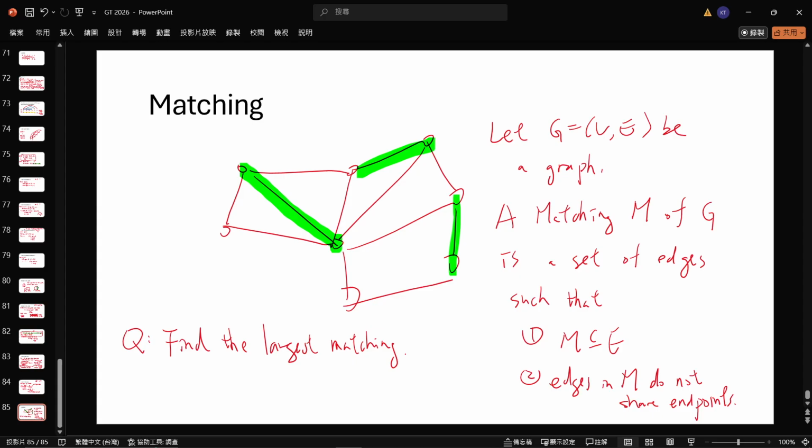For example, for this graph, we have 3 edges. Is it possible to find a larger matching? For example, like 4 edges.